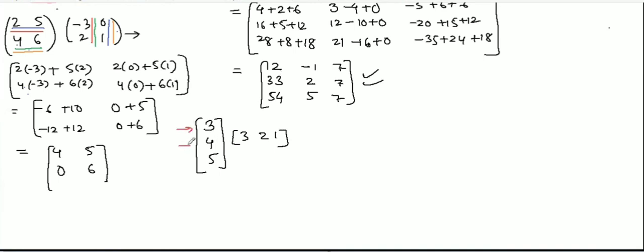Here it is 3 rows and 1 column, and here 1 row and 3 columns. So how to multiply this one? Take the first row and first column. Follow the rule. So here you will get 3 by 3.